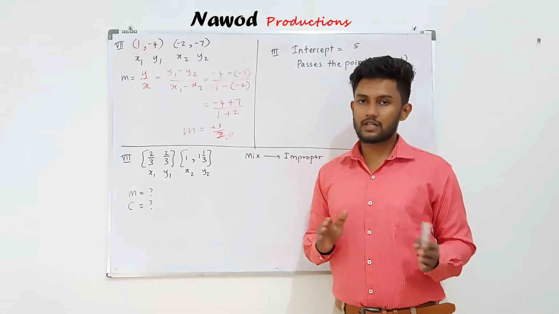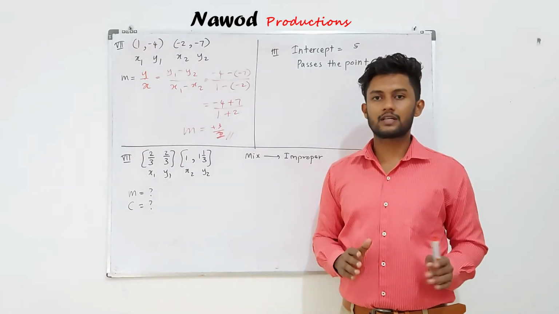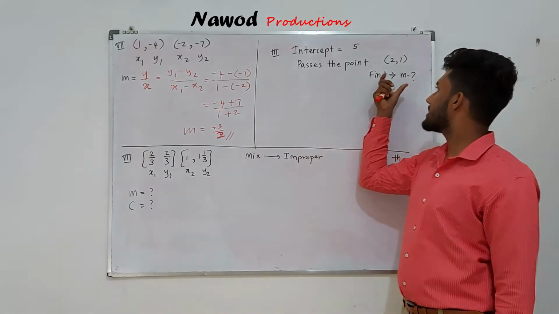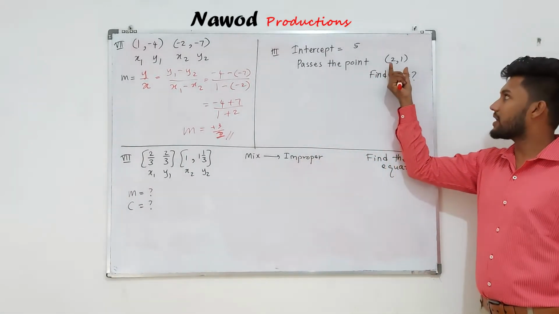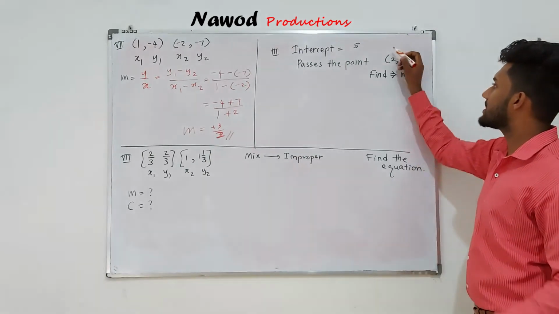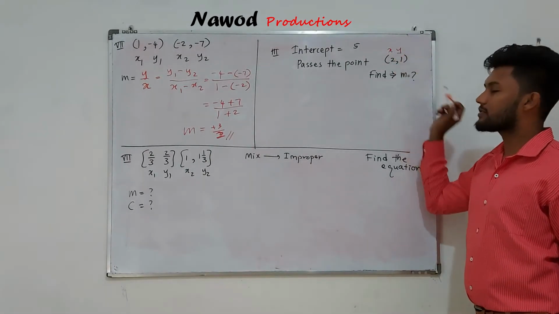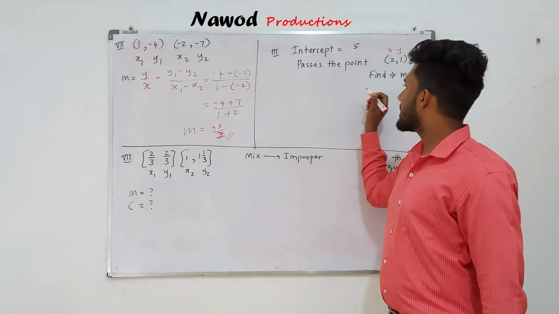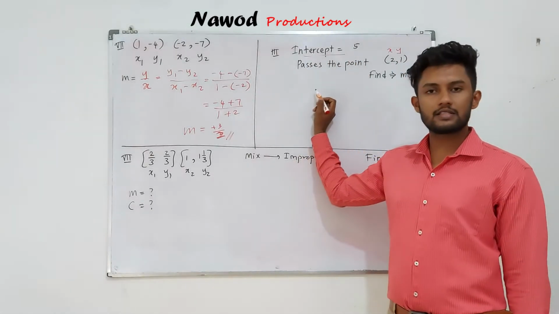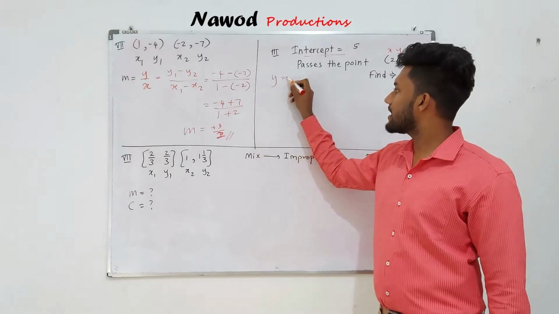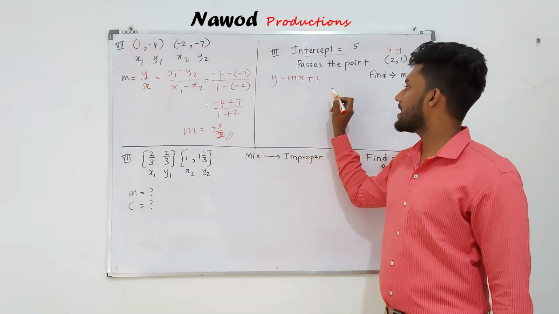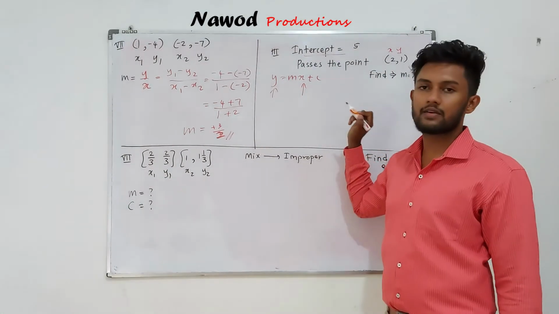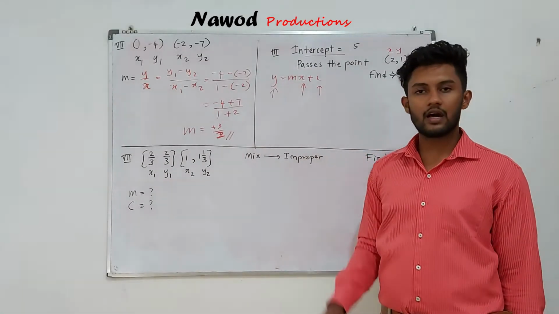The third question of the next exercise I am discussing. They have given the intercept in the question and they say that it passes through the point (2, 1). That means it is x and y, and you want to find m. How can you do this type of question? If there is an intercept, it is y equals mx plus c, right? You can obtain the y value and the x value from the point, and c is already given.